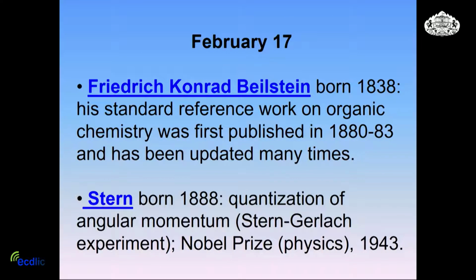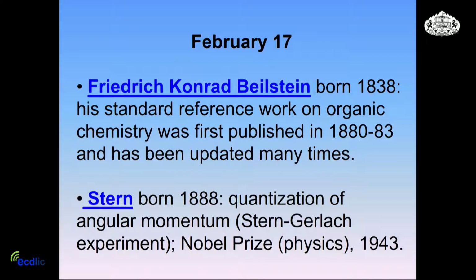It is sort of like the Chemical Abstracts, but focused mostly on organic molecules. And of course, many of you have studied the Stern-Gerlach experiment, and he was also born on this day in 1888.